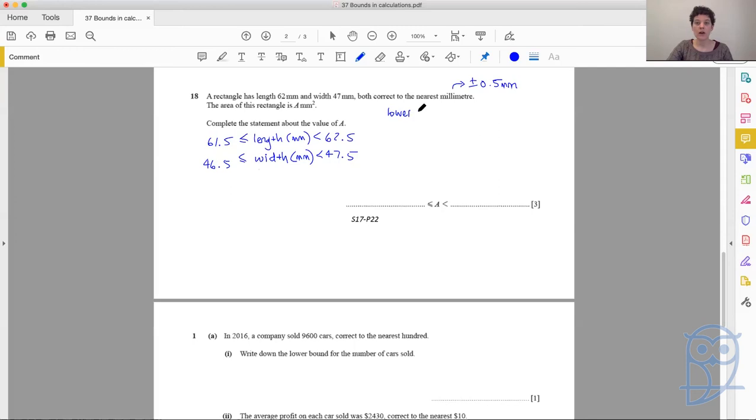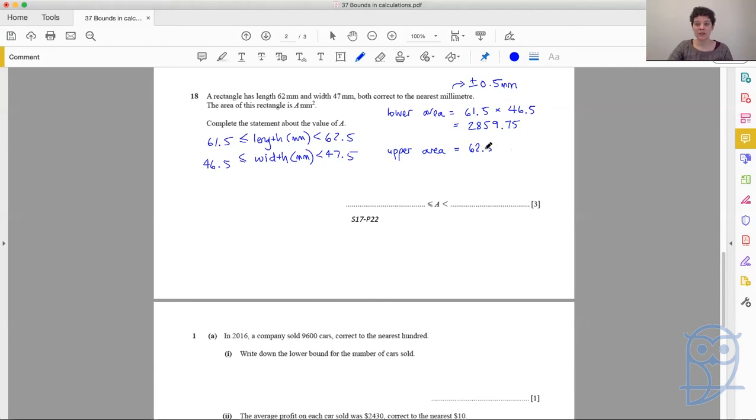So the lower for area, how do we make the smallest area? Well, we take the smallest length of it. So 61.5 times 46.5. So our lowest for area comes to 2859.75. Our upper for area would be, again, our two biggest values.